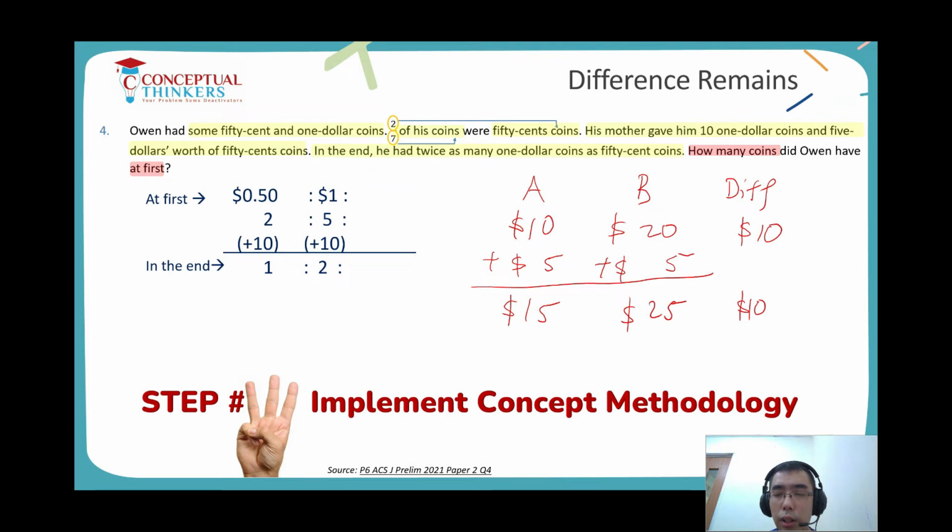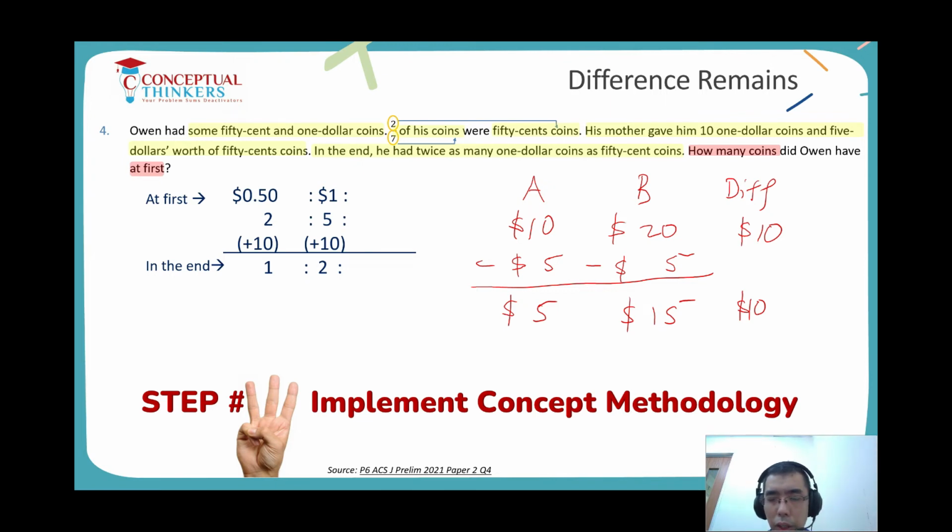Next, if I change the operation to subtracting 5 from both of them, then A will be left with $5 and B will be left with $15. And you notice that the difference is still the same, $10, at first and in the end.